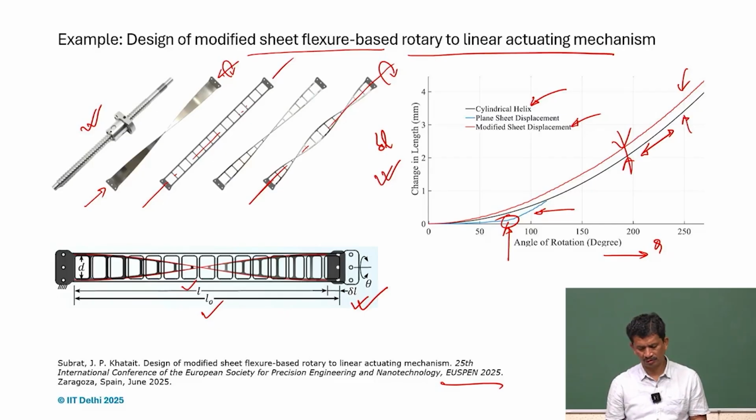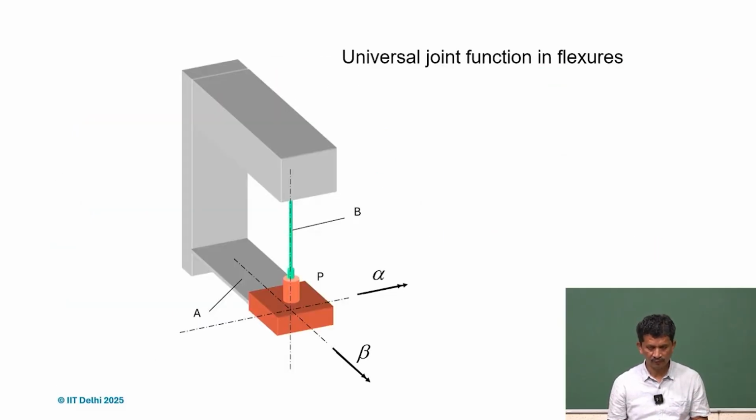Again, a very good example, and we are working on it, developing different kinds of rotary to linear actuating mechanisms based on that. There are some more examples.